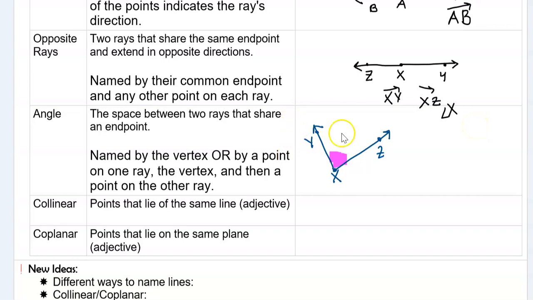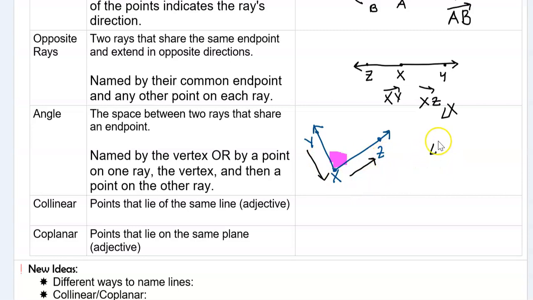But sometimes we have angles that are next to each other, and X won't be descriptive enough to tell your reader exactly which angle you're talking about. And in that case, we're going to use three letters. We start at point Y, we go down to X, and then up to Z. And you could also go the other way around.